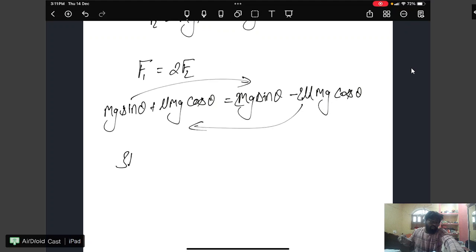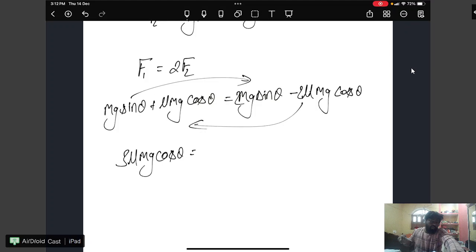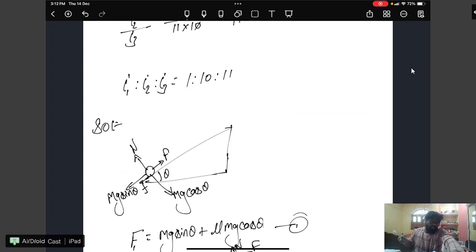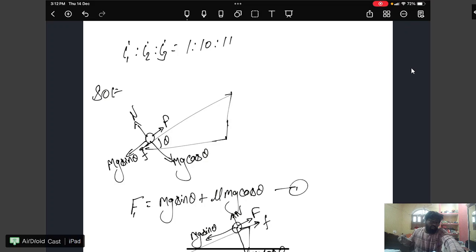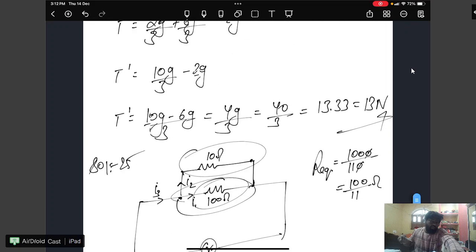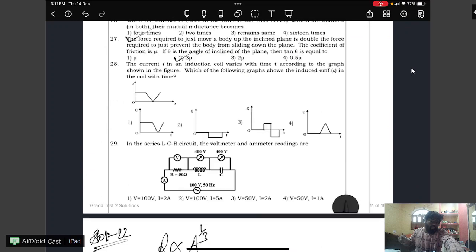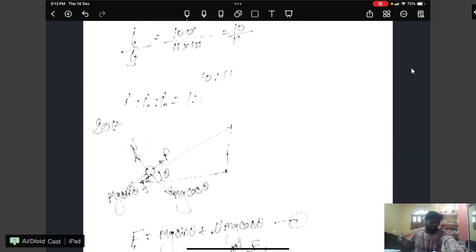So 3 mu mg cos theta is equal to 2 mg sin theta minus mg sin theta, that is mg sin theta. mg cancels, cos theta will go to the other side. 3 mu is equal to sin theta upon cos theta, tan theta. Tan theta is equal to 3 mu. So question number 27, 3 mu is the answer.